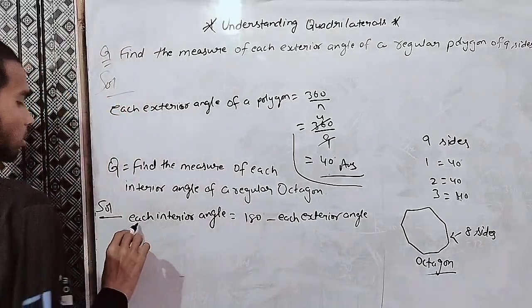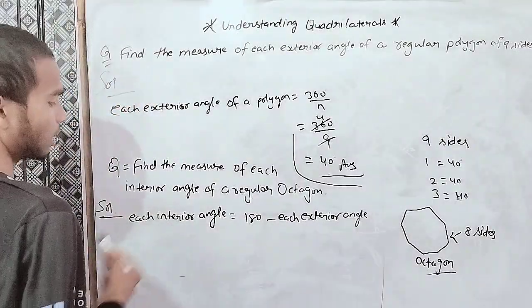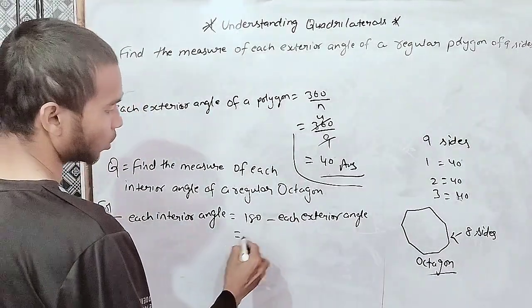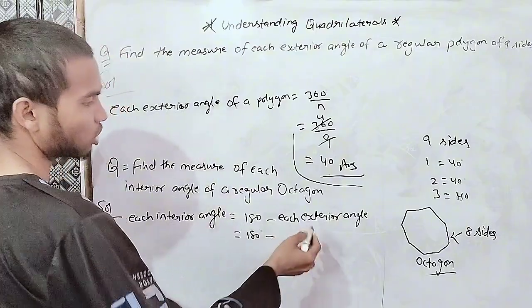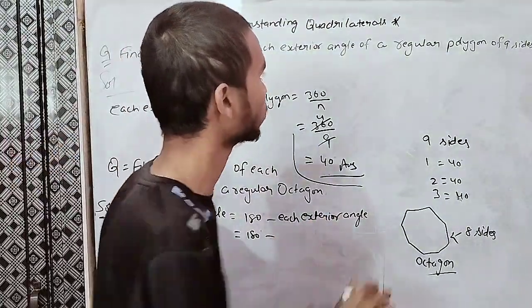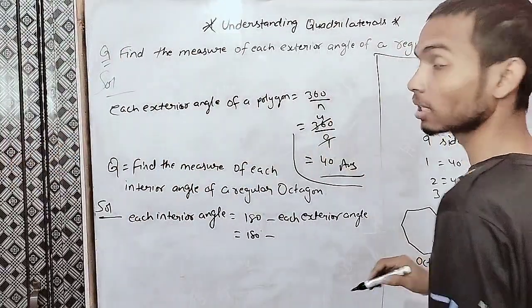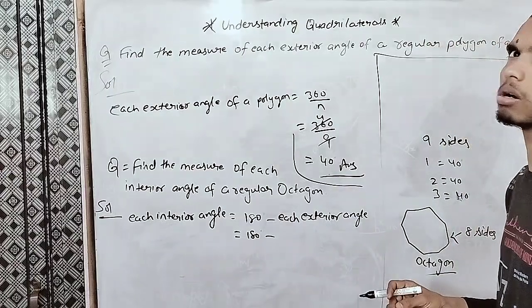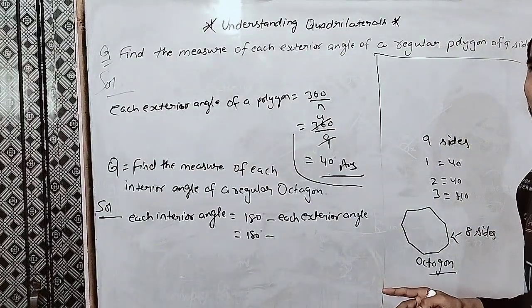This is a formula to find the interior angle. We already have it, but each exterior angle we don't know, so we can find it by applying a formula.